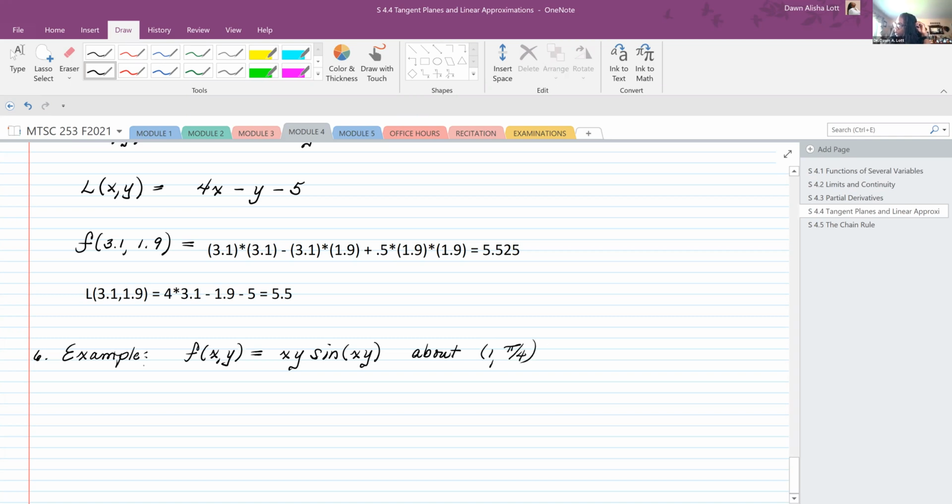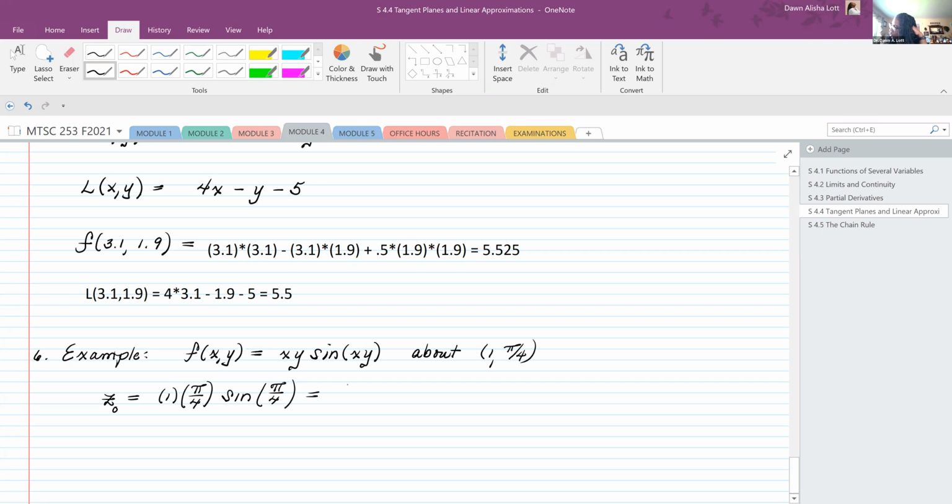Okay, so the first thing is, what is z naught? z naught is going to be x, which is 1, times y, which is pi over 4, times the sine of pi over 4.